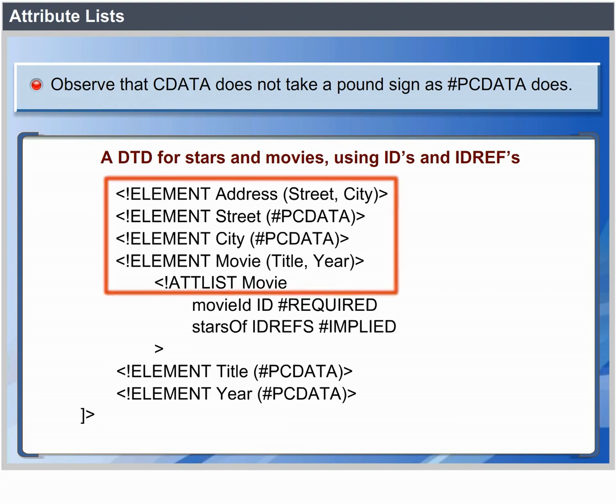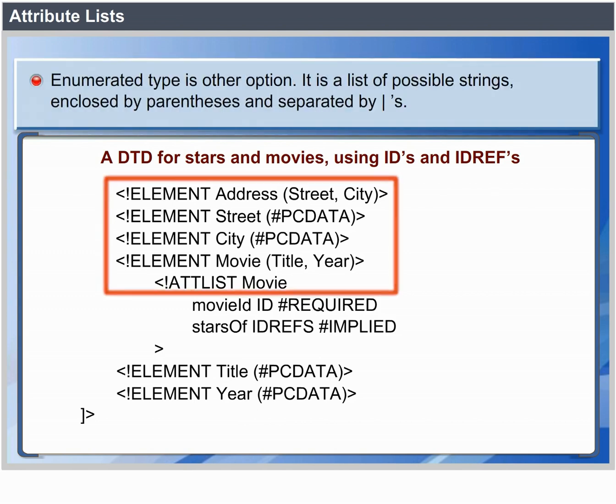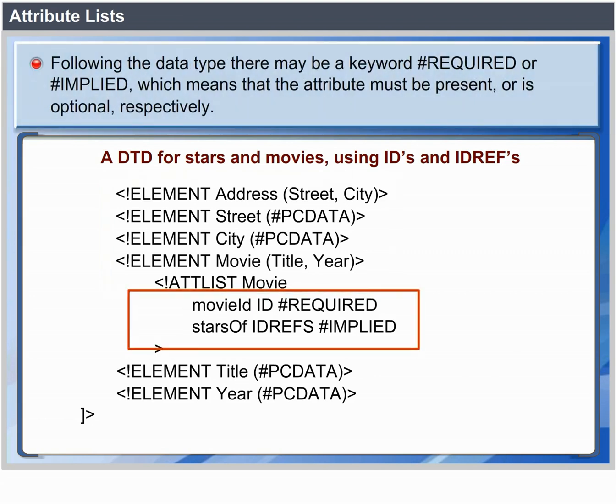Another option is an enumerated type, which is a list of possible strings surrounded by parentheses and separated by vertical bars. Following the data type, there can be a keyword #REQUIRED or #IMPLIED, which means that the attribute must be present or is optional, respectively.